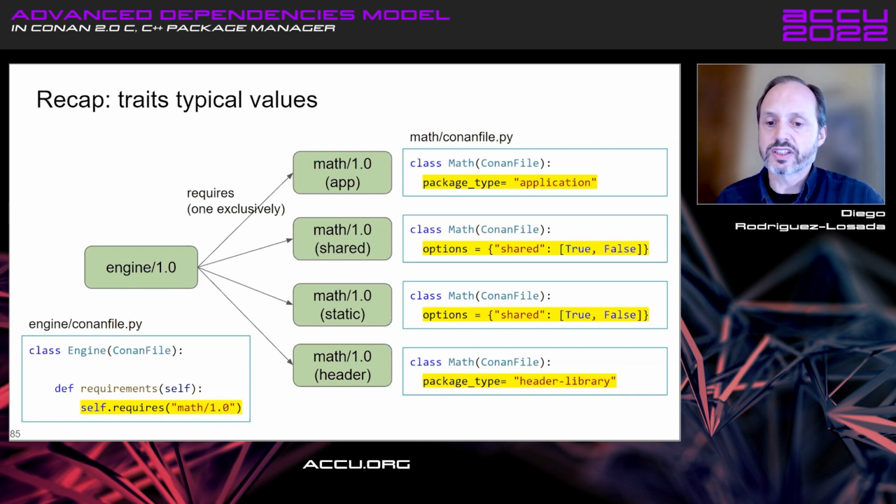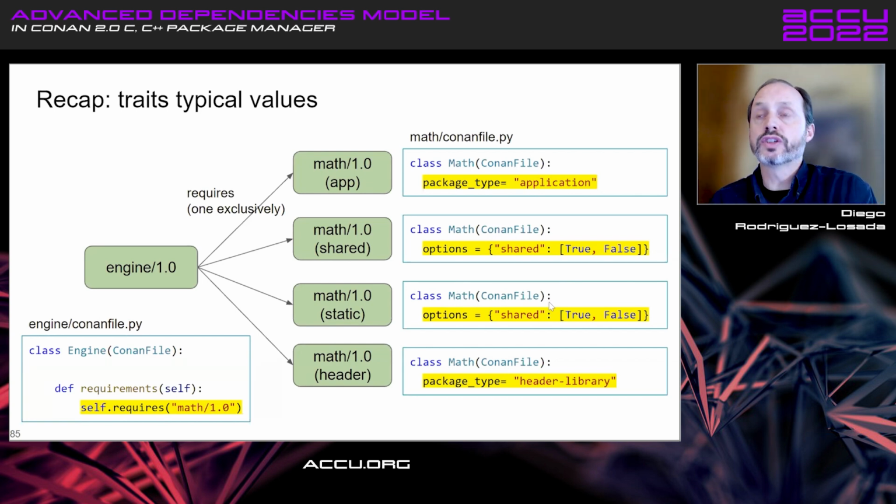For many cases, for example, if math is a shared library or a static library, I only need the options to be defined, and the requires is as simple as this, because all the correct traits from these requires will be automatically deduced from the package type of math. And only if I want to change something, of course, I always have the power: I can go to the requires, add the trait value that I want, and that will be respected. But otherwise, defining the options is good enough.